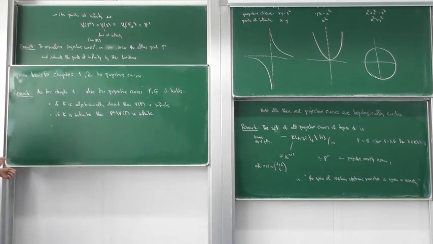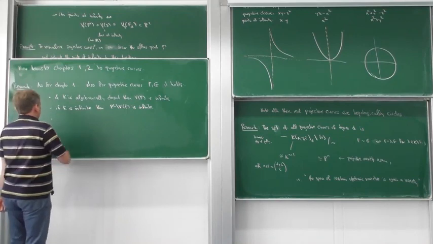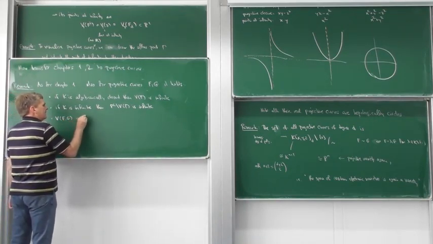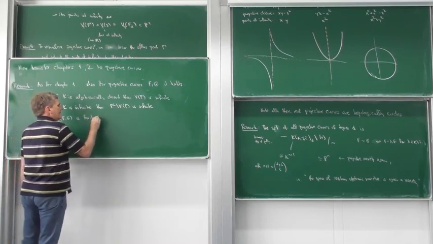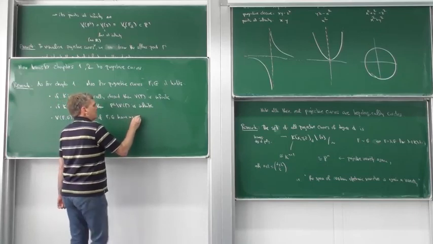Then we saw that the intersection of any two curves was finite as long as they don't contain a common component. So V of F, G is finite if F and G have no common component.